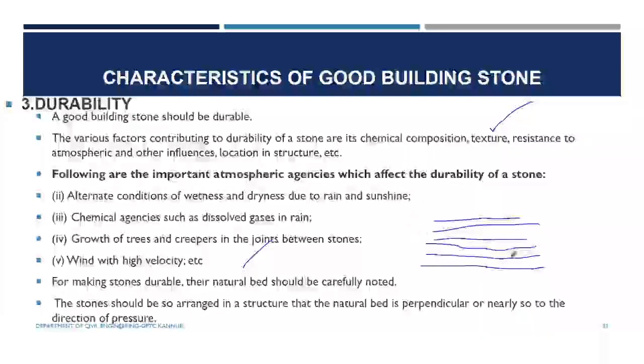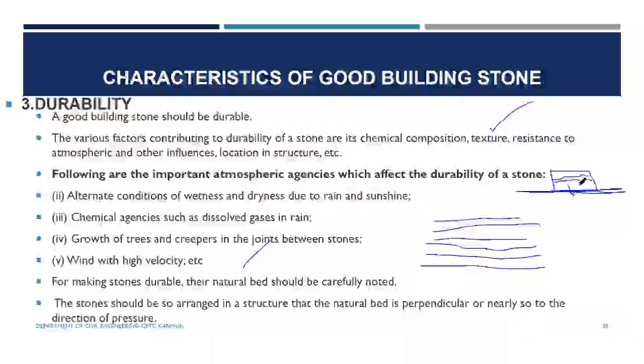Okay. So while you are constructing a building or whatever it may be using stone, the natural bed should be perpendicular to the plane of pressure. If this is the plane of pressure, the natural bed should be like this. Natural bed should lie like this. Plane of pressure should be in this direction.